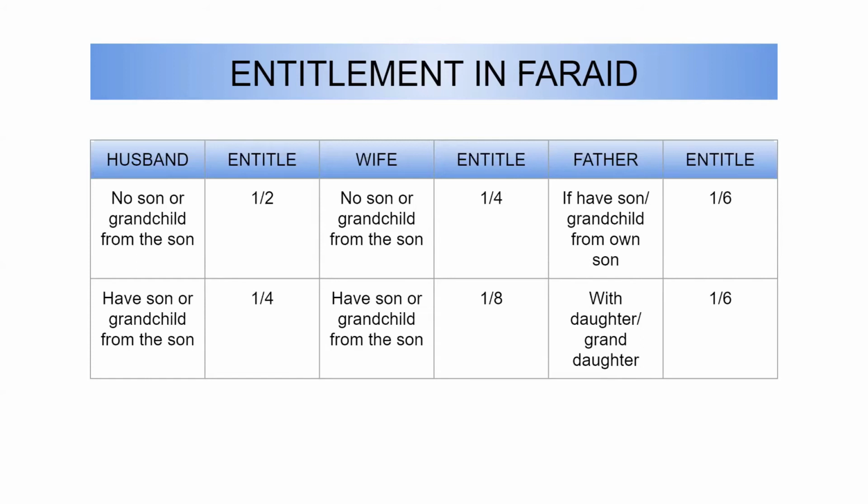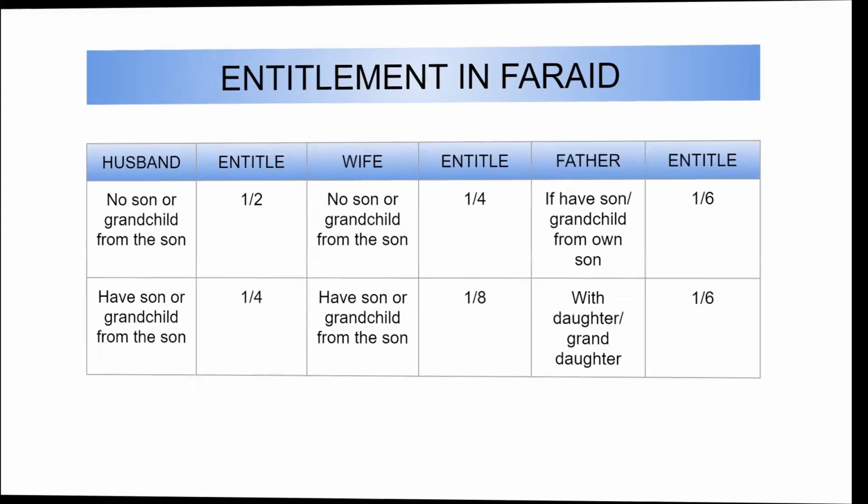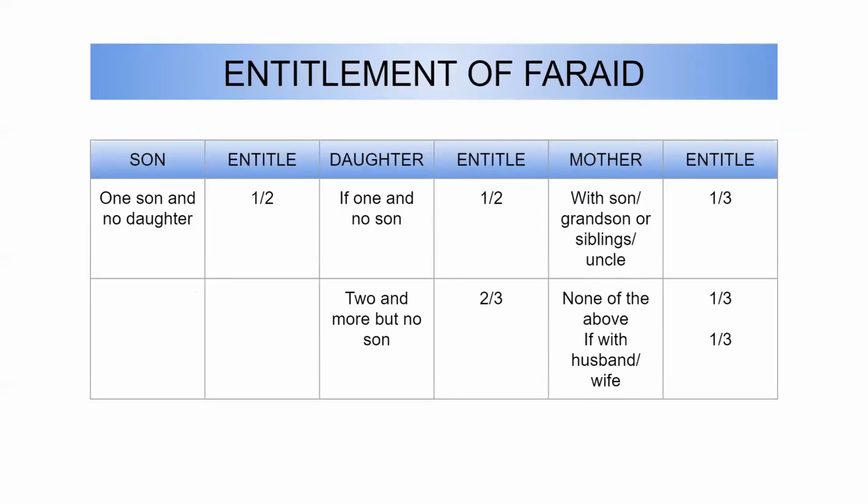Now we will move on to the son. There is only one condition, which is if the son has no brother and no daughter, the son is entitled to 1/2 or half of the Faraid.